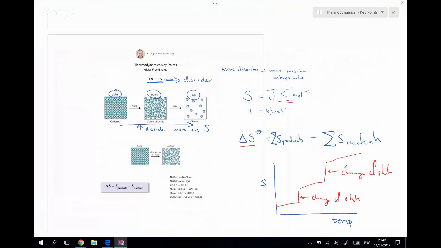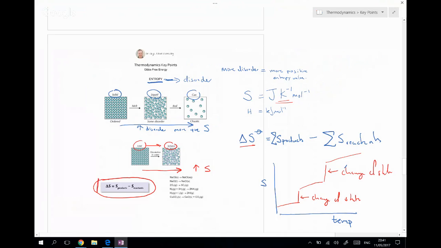That's what we observe for a solid, a liquid to a gas. The other example is if we go from a solid to a solution, as we go across again, we are seeing an increase in entropy. Jay, we need to be aware here of what the entropy of the system is.